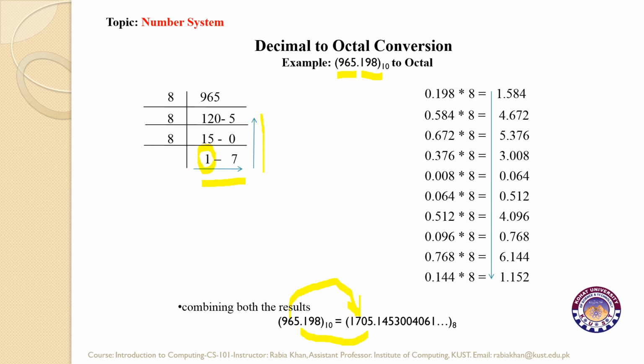The point remains at its place here, and 0.198 is equal to, we have written the result in top down manner like this, 0.145300406 with these 3 dots.